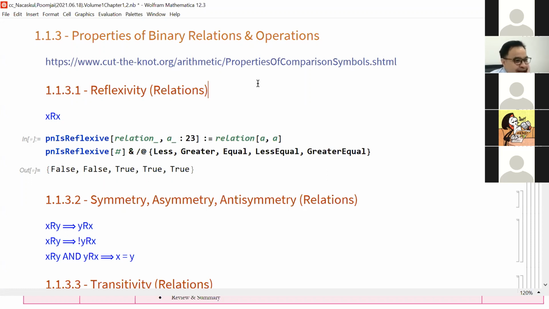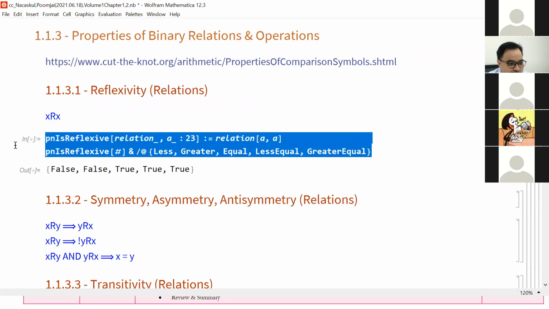So the first thing is what's called reflexivity. Reflexivity is a relation asserting X with itself. R is the short term for reflexive. This is a property not of numbers, but of the relation. So you check, and this is a function. I'm going to tell you a little later about how this is coded.